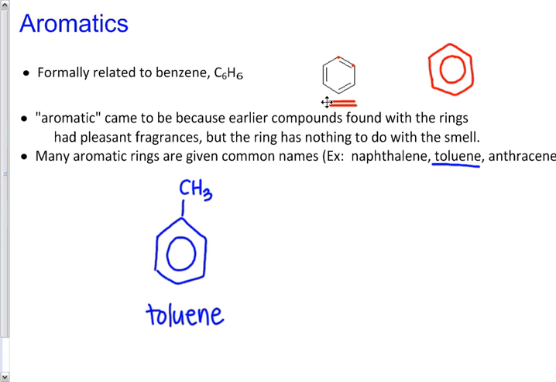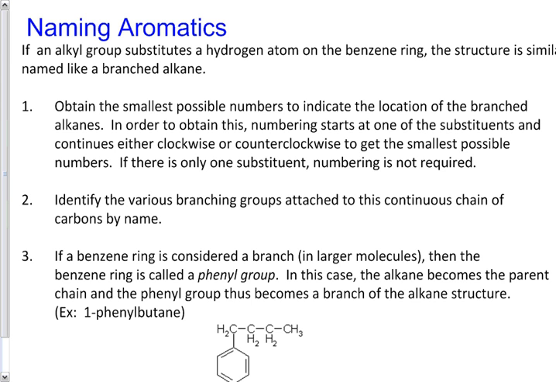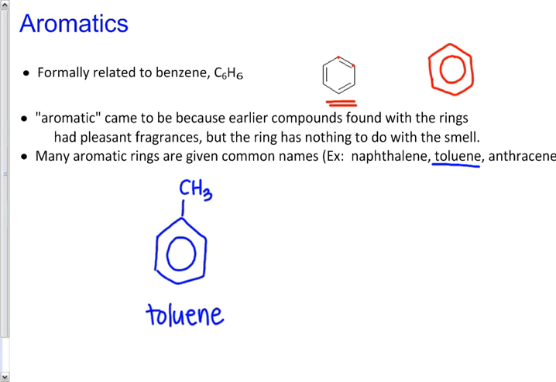Now, toluene is not technically how you would name this officially. We're going to learn the rules for naming by reading these here. So if we're going to name aromatics, first of all, if we look at this example, sometimes this chain is long and this becomes the substituent, and sometimes this is the substituent.